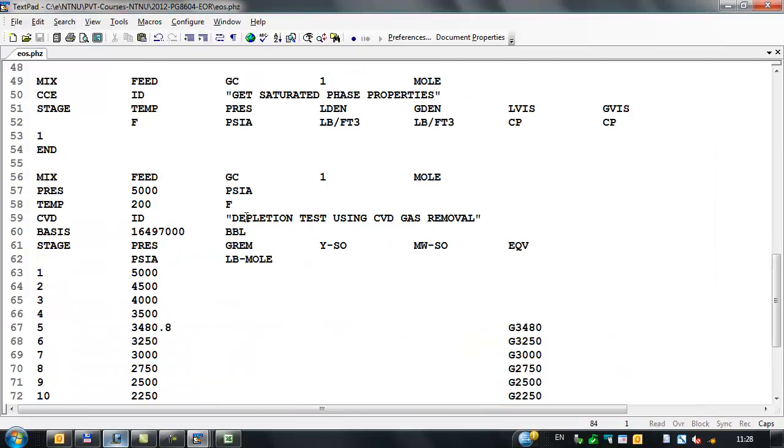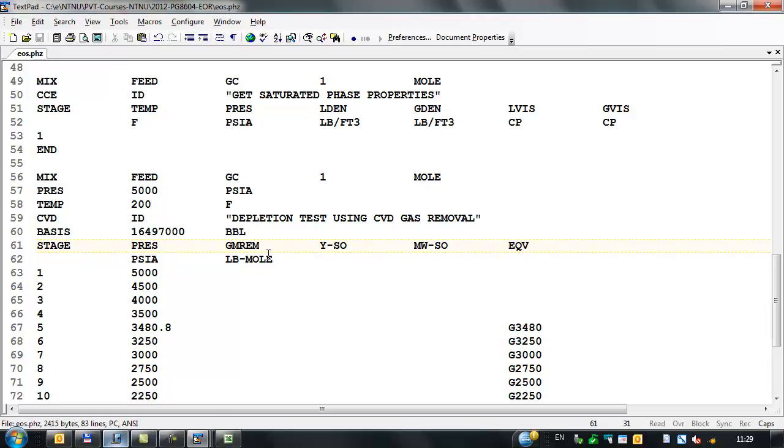Maybe moles removed. Yeah. Gas moles removed. Okay, try that.